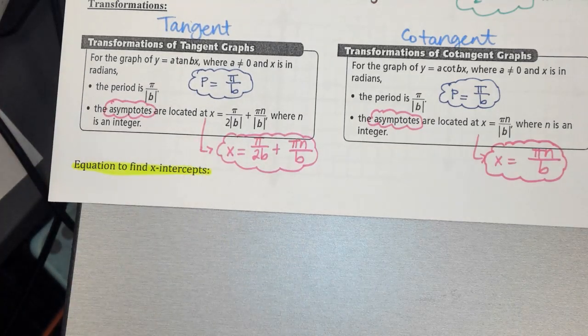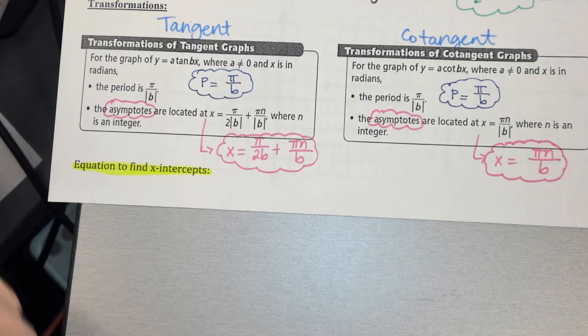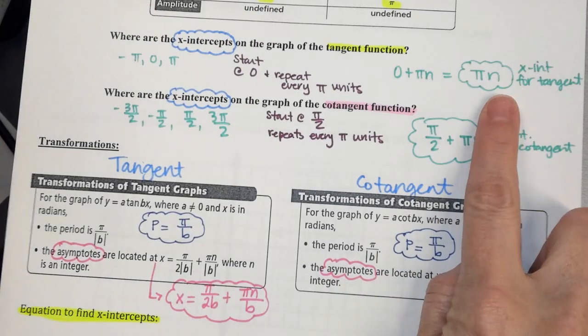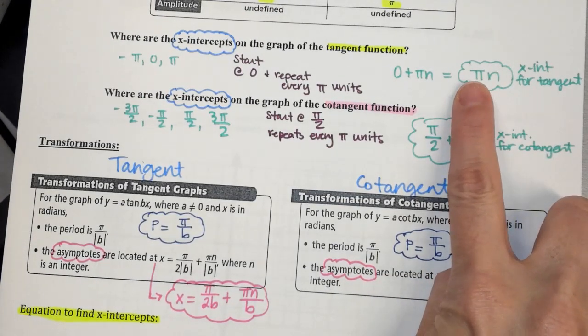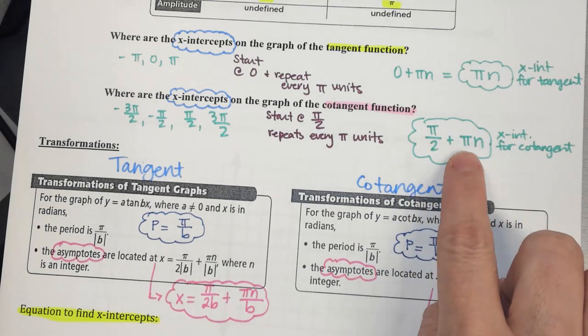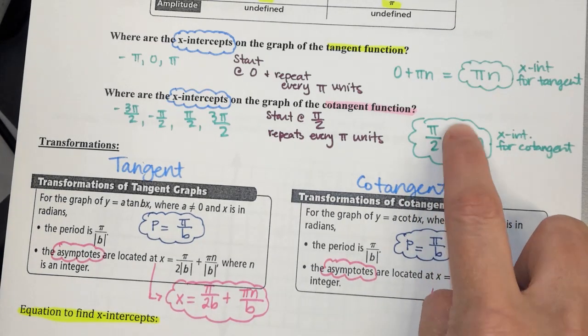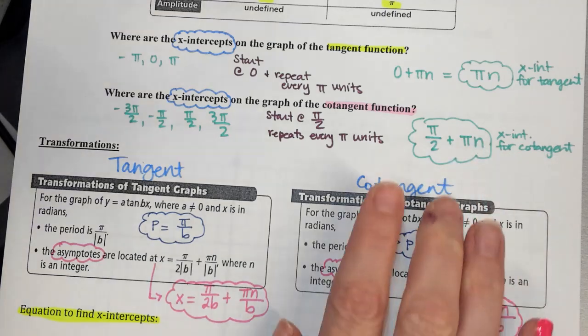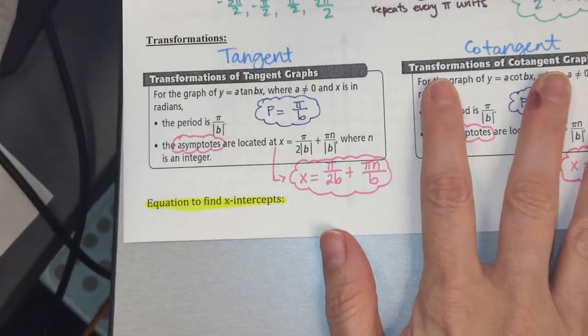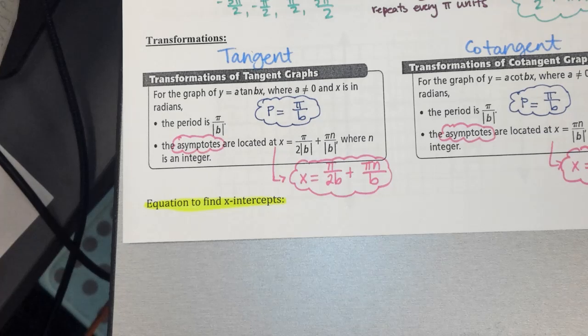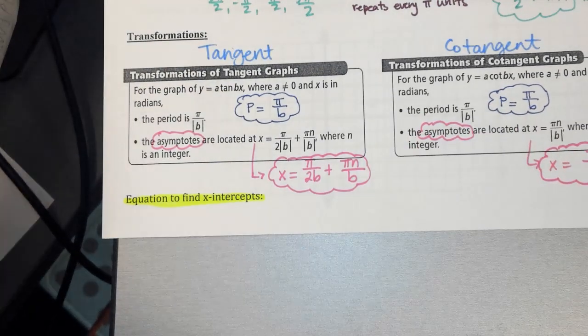So I gave you what they were for the parent function. For the parent function, it was pi n and pi over 2 plus pi n, and it was pi because that was your period. For an equation that doesn't necessarily have pi as the period, you are just going to find the first x-intercept.